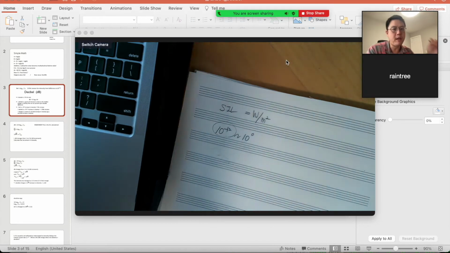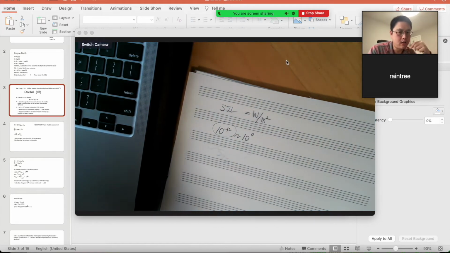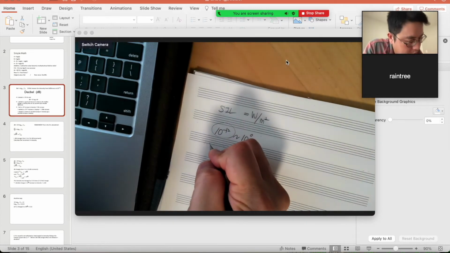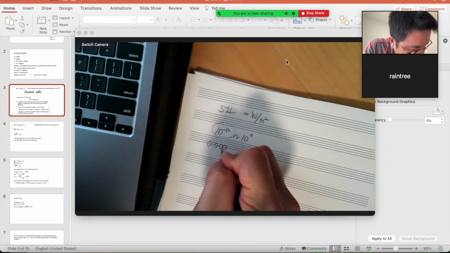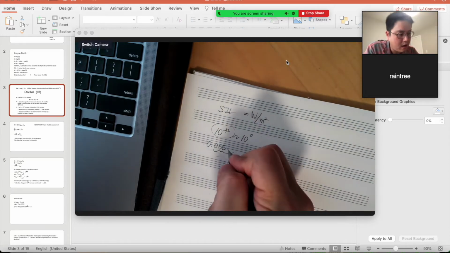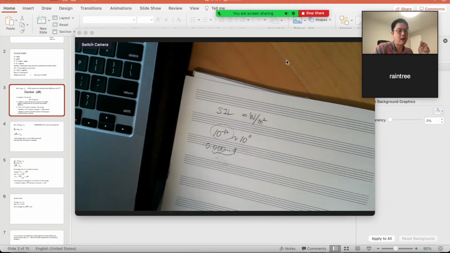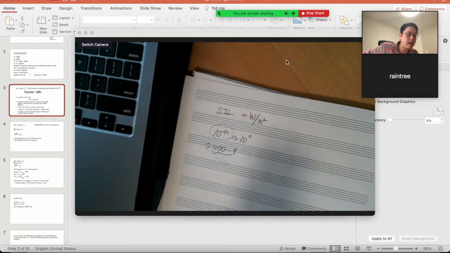So this means that the quietest sounds that our ear can detect are extremely small, which means you have 12 zeros after the dot. So this is not very convenient and efficient.